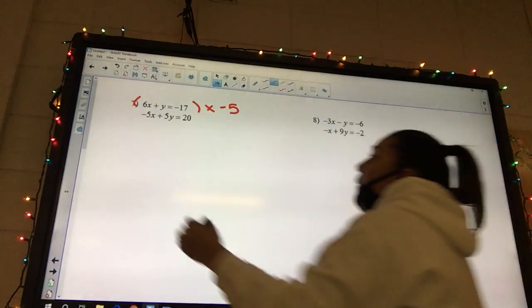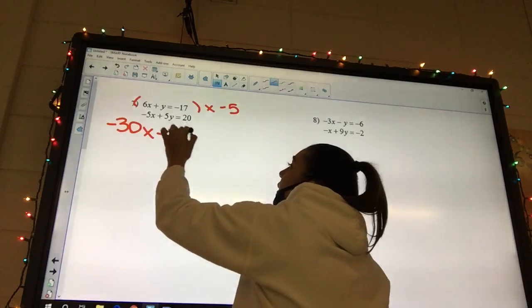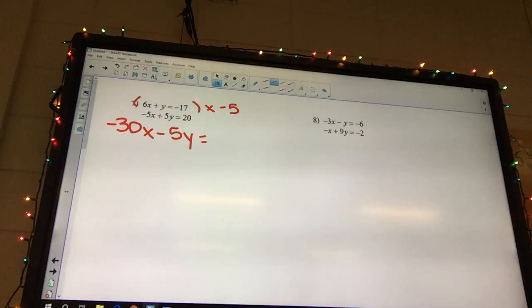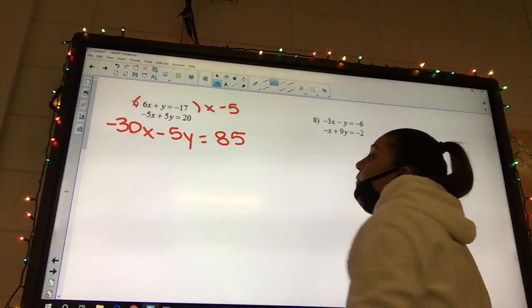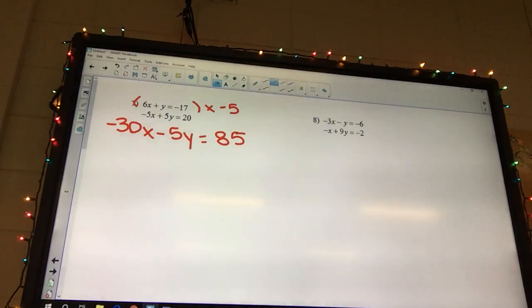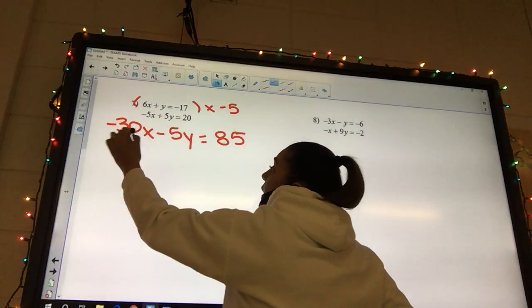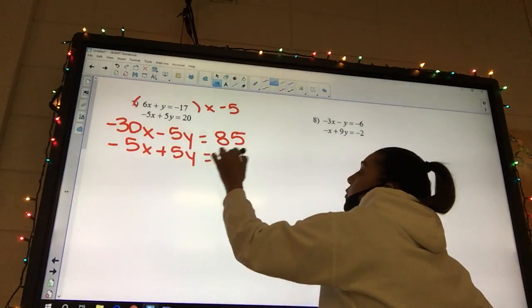So for the top, I'm going to have negative 30x minus 5y equals something. Negative, positive 85. Okay, for the bottom, I'm not changing anything, so I got negative 5x plus 5y equals 20.